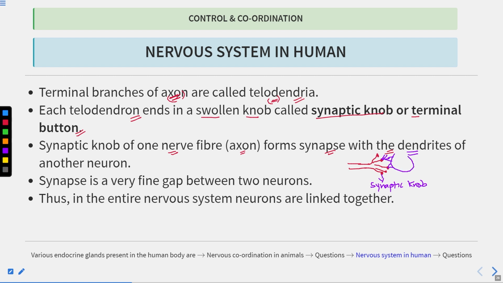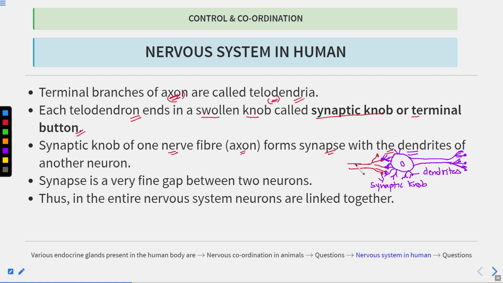This is the cell body. Again this is the axon. Its end has these synaptic knobs. I'm drawing a very rough sketch of a neuron. So here it has the dendrites. These dendrites connect with this synaptic knob here. So the synaptic knob, and these are the dendrites.